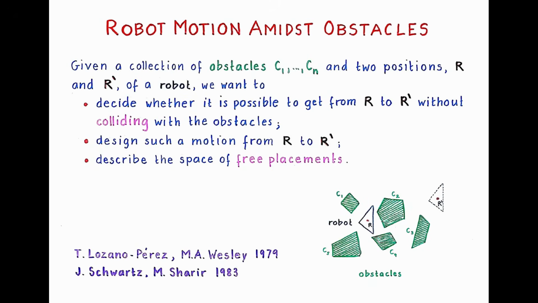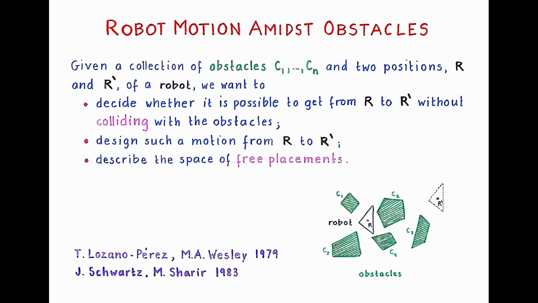Now, let me try to explain to you the basic idea that Sharir and Schwartz had. This is like a toy model of the problem of robots. So you imagine that, again, I will cover the picture, I apologize for that.